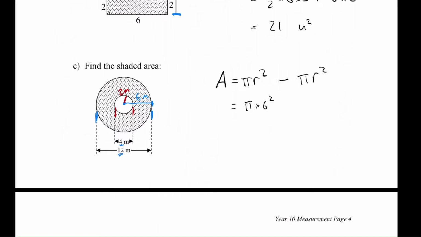We put in our numbers, making sure we're starting with the bigger circle and we're subtracting the smaller circle. And this line again can go exactly in your calculator as it's written. Pi times 6 squared minus pi times 2 squared. And your calculator spits out the answer for you.